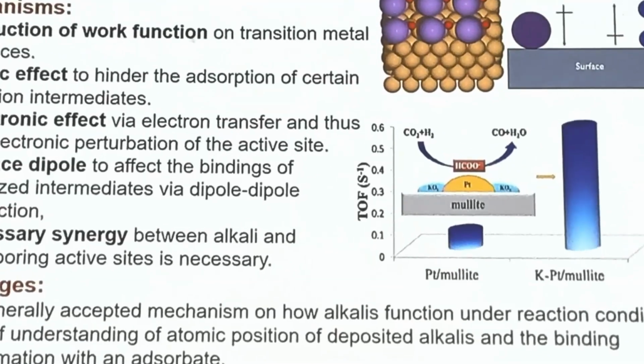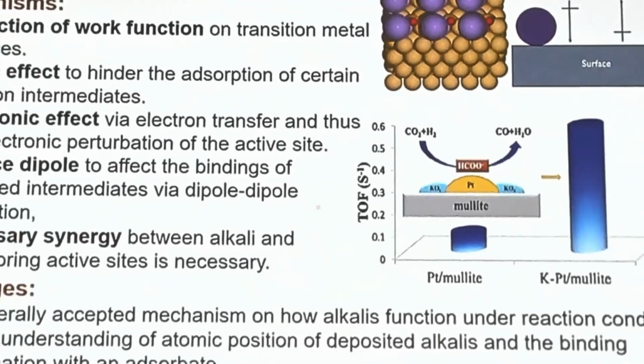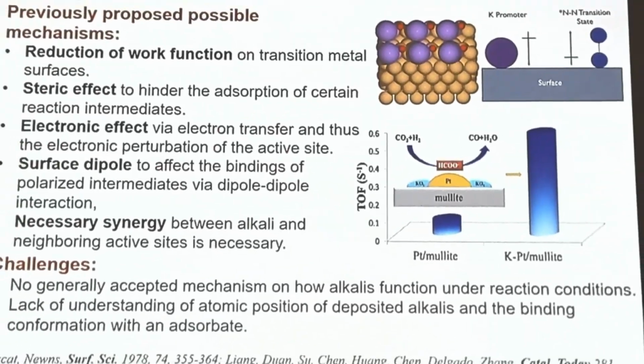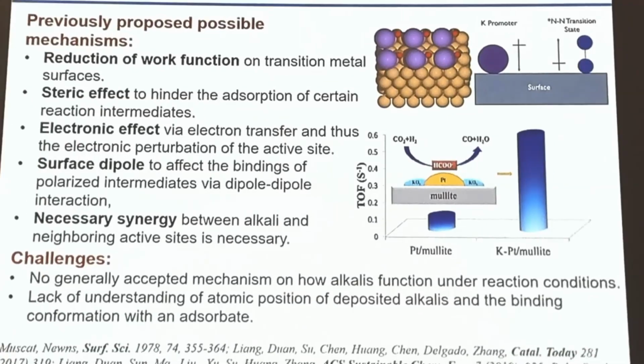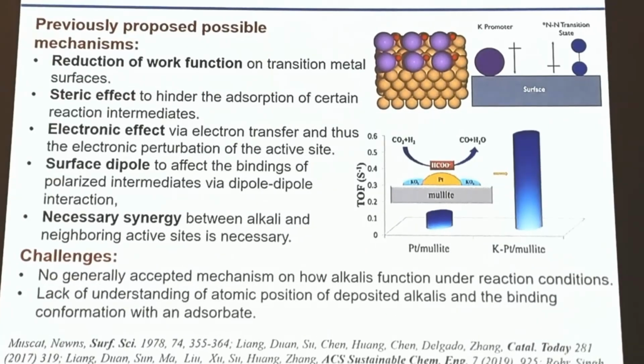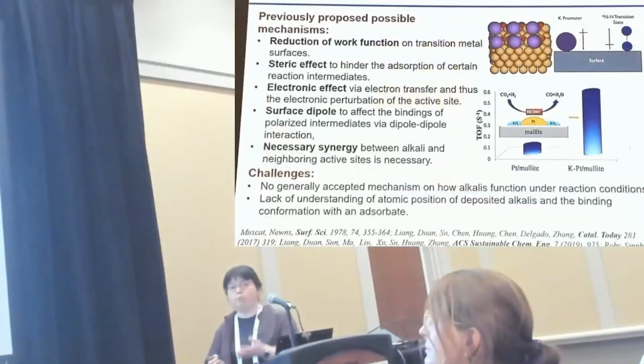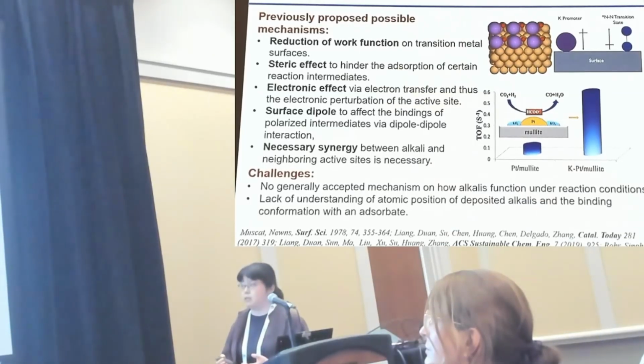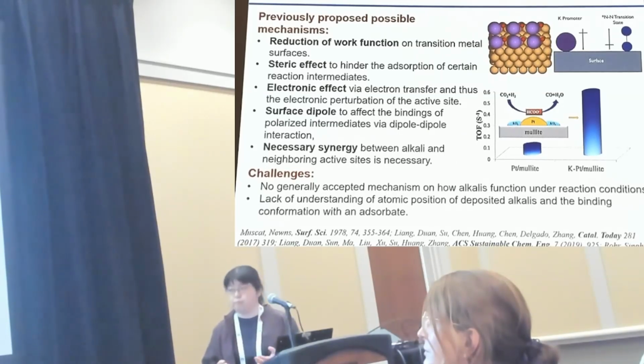Different proposed mechanisms you can read from the literature include the work function on the transition metal surface, the steric effects which can affect the approach of the intermediates to the surface, and the electronic effects by donating one electron to the nearby active sites. So you modify the electronic structures and bindings. They can also introduce surface dipoles and affect the bindings of intermediates via dipole-dipole interaction, and synergistic effects have also been proposed.